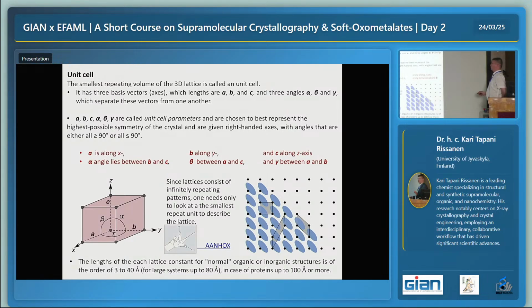So the idea is A along the x-axis, and alpha is the angle between B and C. B goes along the y-axis, beta is between A and C, C is along the z-axis, and gamma is between A and B. It's not so important for you to remember which angle is between which axes, because that will be defined later on.